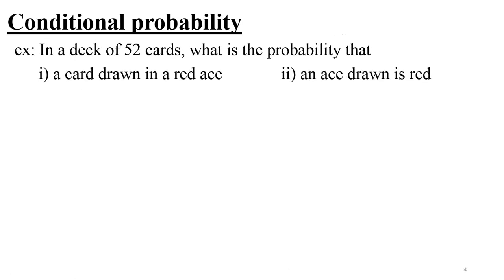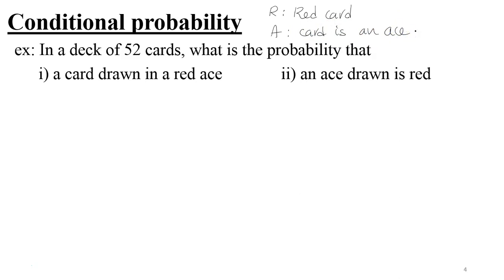Okay, now in this next example, we have a deck of 52 cards, and I need to find in part I the probability that a card drawn is a red ace. So I'm going to first define R to be the event of having a red card, and A the event of having a card that is an ace.